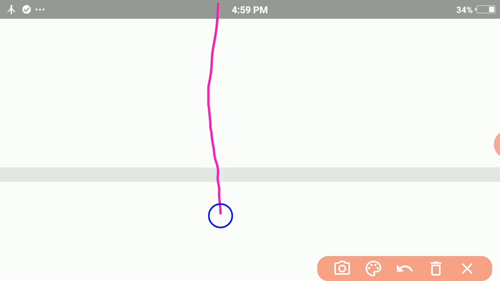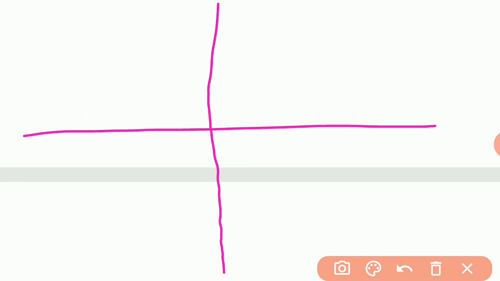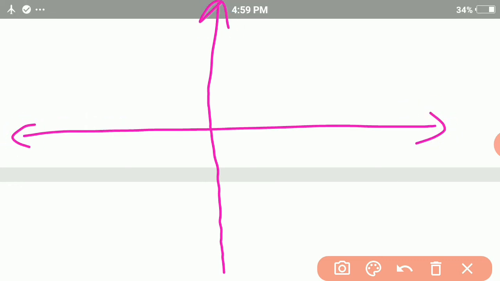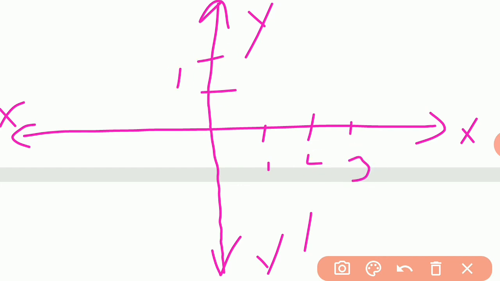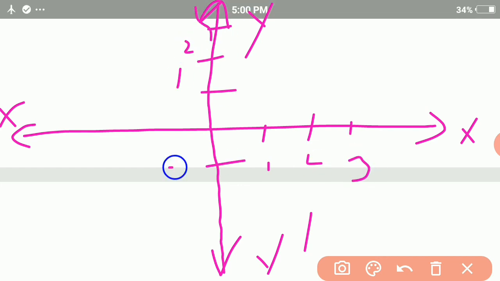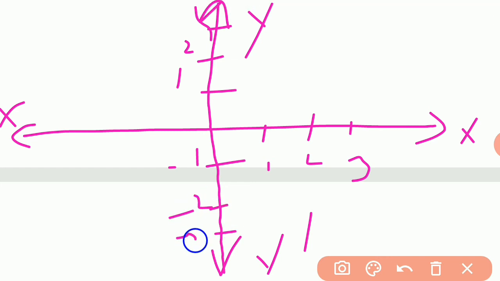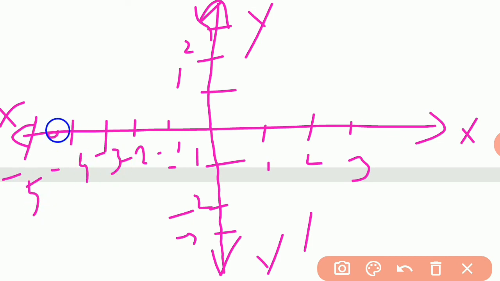If we draw in two variables, then we will draw the Cartesian plane like x-axis and y-axis, and here 1, 2, 3 and so on. Below minus 1, minus 2, minus 3, here minus 1, minus 2, minus 3, minus 4, minus 5, and this point is minus 4.5.